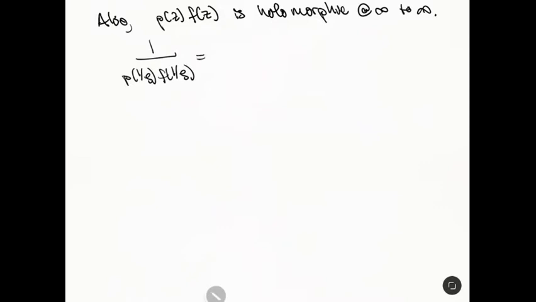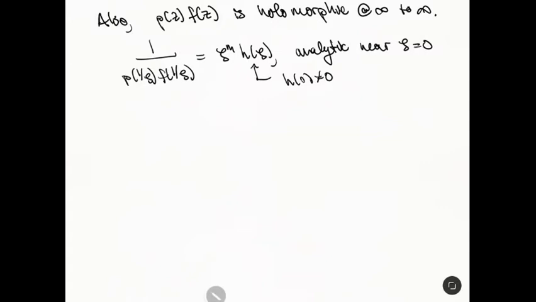So this guy we can write in some way. So this guy is analytic / holomorphic near zeta equal to 0. And this guy's analytic and not equal to 0.